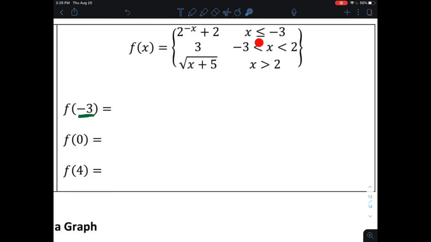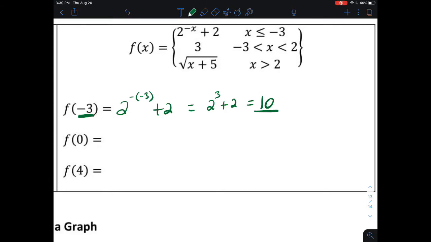I look at this inequality, and it says I can use this equation for all values of x that are less than or equal to negative 3. So I'm going to use 2 to the negative x power plus 2, and put negative 3 in there. So 2 to the negative 3 power plus 2, which is going to give me 2 to the third plus 2, which gives me 8 plus 2, 10.